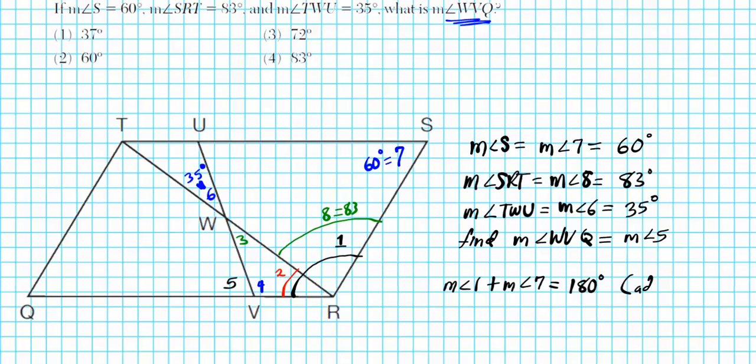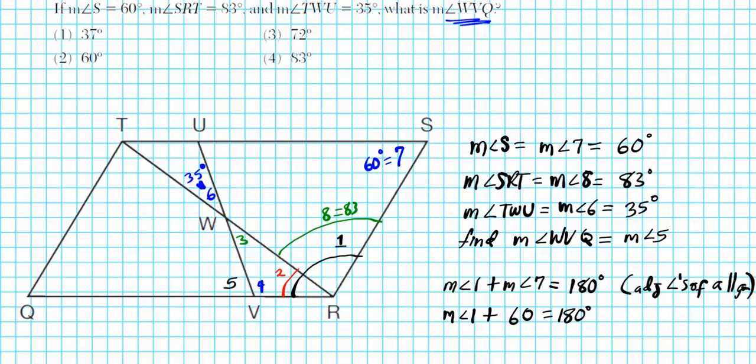Okay, so basically adjacent angles of a parallelogram are supplementary. So guess what? I know what 7 is, so I can use it to find 1 since they add up to 180. So the measure of angle 1 plus 60 is equal to 180.